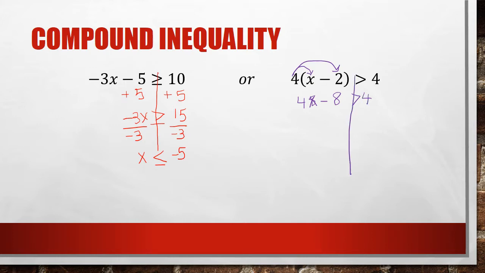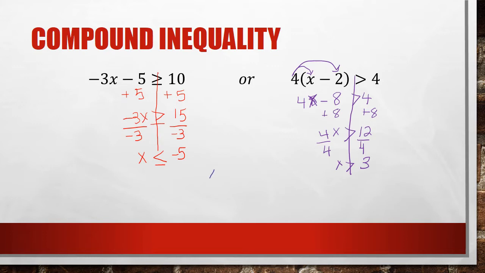So this is again a two-step inequality where we have to add 8 to both sides. So I'm going to end up with 4x is greater than 12. I'm dividing both sides by 4. So I'm going to end up with x greater than 3.